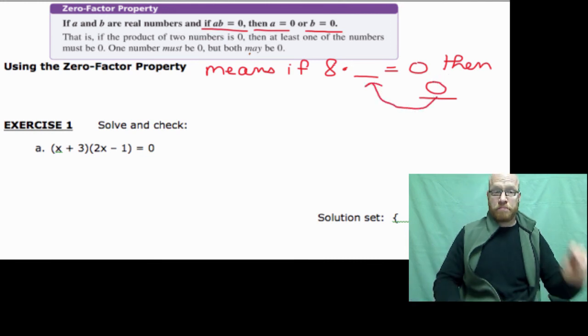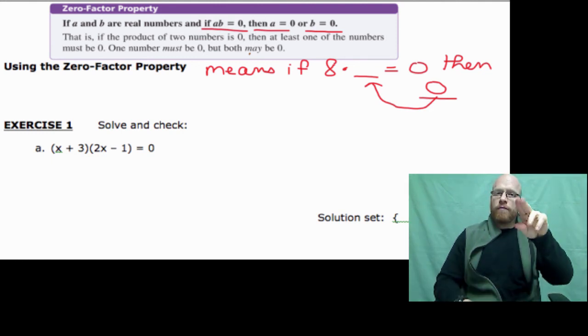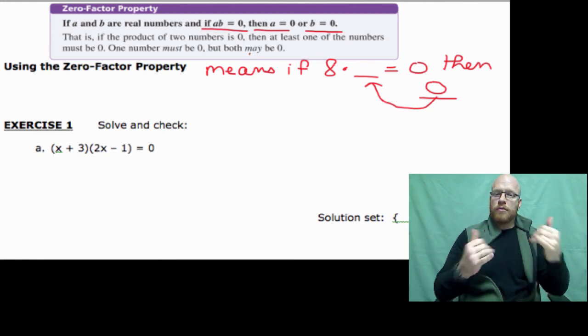Okay? So now we use this property to help us solve the quadratic equations.